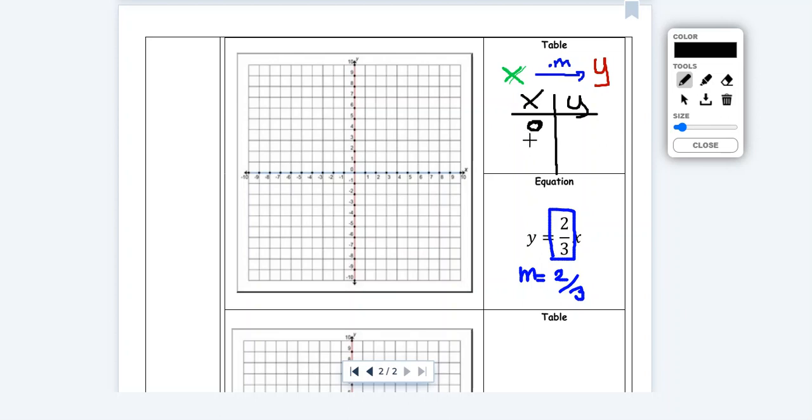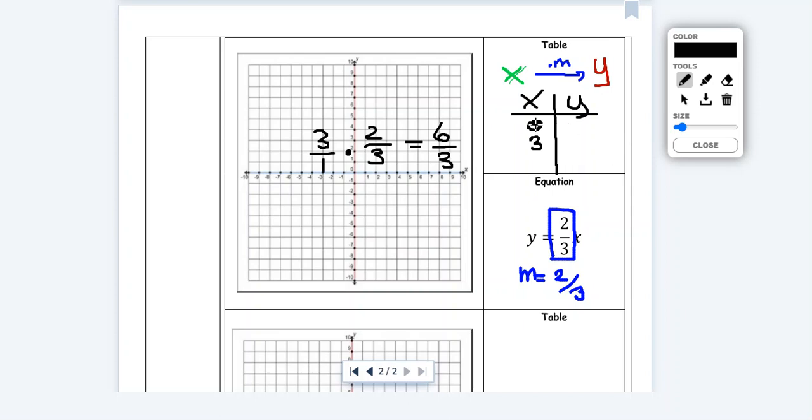So let's just try 3 really quick, and I'll show you why. If I do 2/3 times 3, in order to multiply it by a fraction, you can put the 3 over 1. 3 times 2 is equal to 6. And then 1 times 3 is equal to 3. See why I wanted something divisible by 3? Because I end up dividing by 3. 6 divided by 3 is going to give me 2.